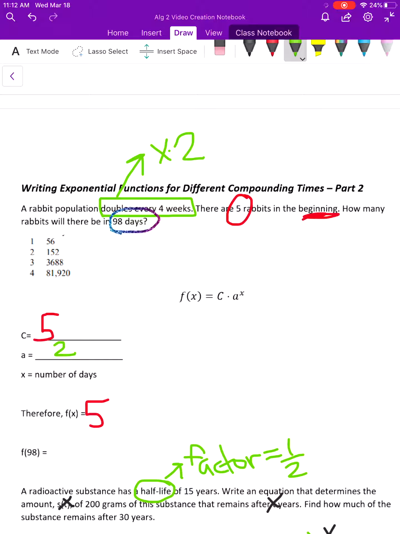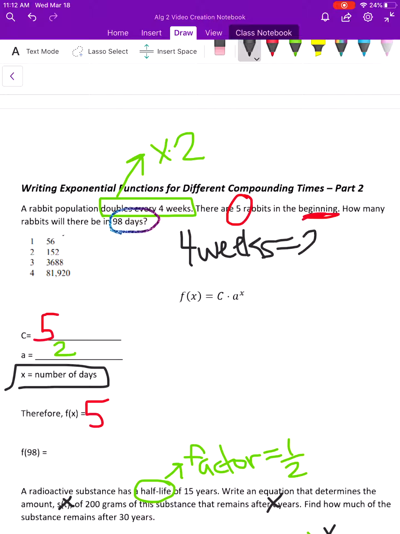And we don't care about weeks, we care about x equals the number of days. So let's just get rid of the 4 weeks. 4 weeks is equal to 28 days. So let's just say it doubles every 28 days.